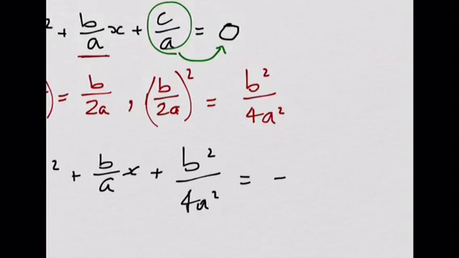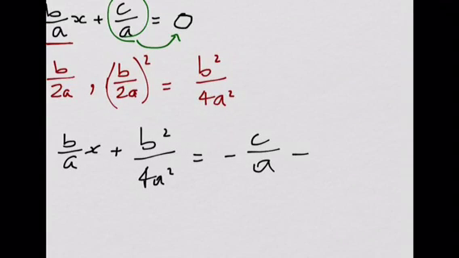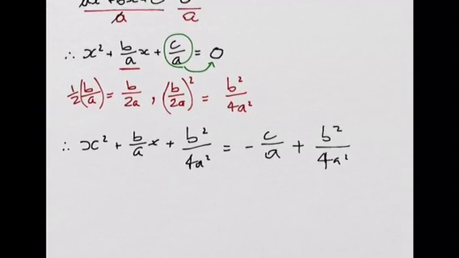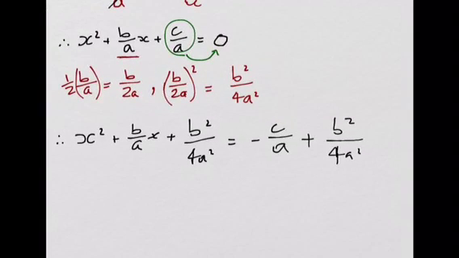So that would be minus c on a, for moving the c on a, and then add the b squared on 4a squared. So it's getting quite big. That's meant to be a 4. There we go. x squared plus b on a x plus b squared on 4a squared equals negative c on a plus b squared on 4a squared.